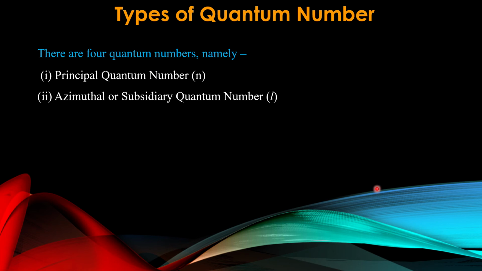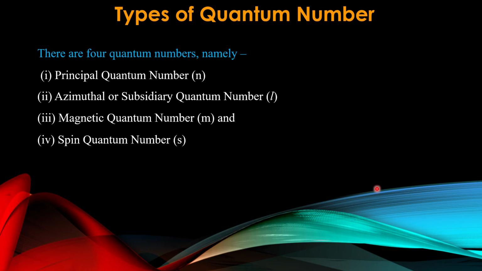The second quantum number is called azimuthal or subsidiary quantum number, denoted by l. The third quantum number is called magnetic quantum number, denoted by m, and the fourth quantum number is spin quantum number, denoted by s.